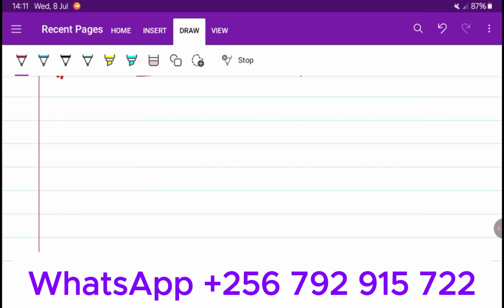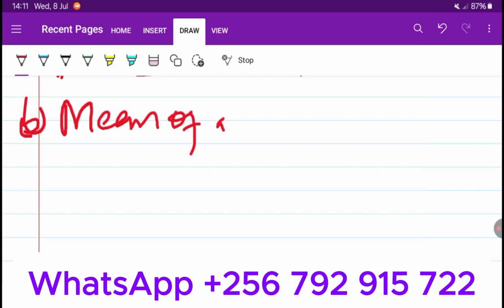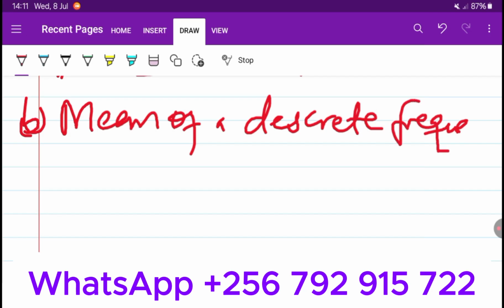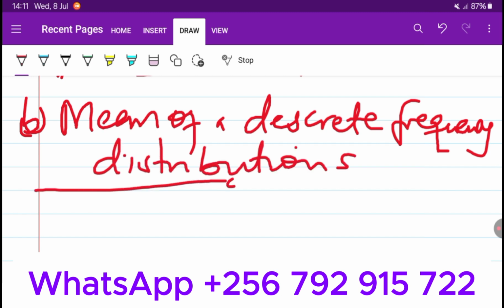So we want to look at part B, where we have the mean of a discrete. Discrete means we are dealing with the individual values. When you have discrete frequency distributions, in other words, there is frequency.